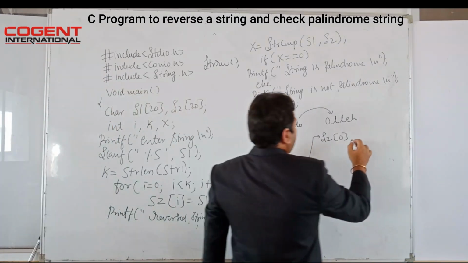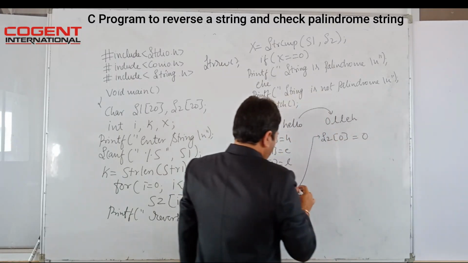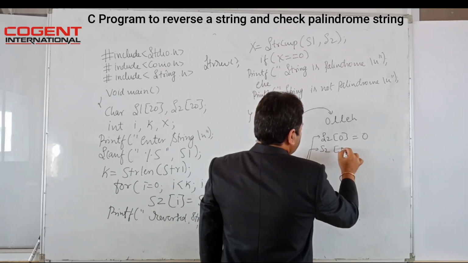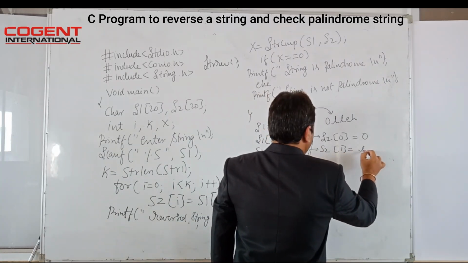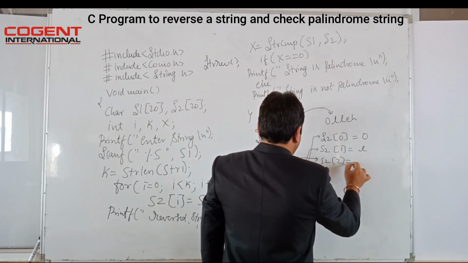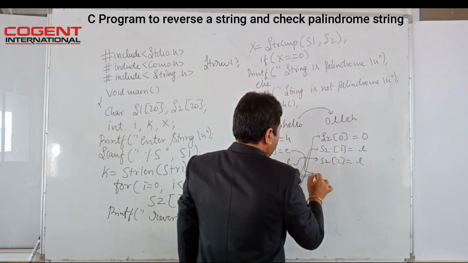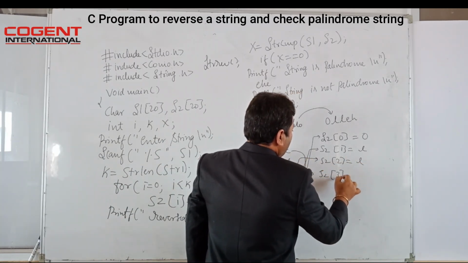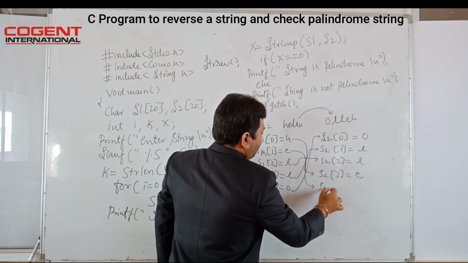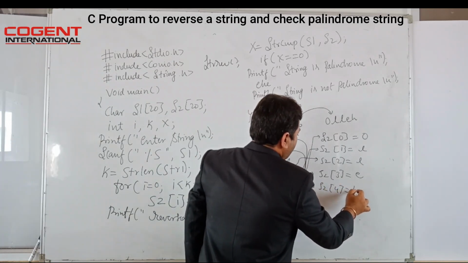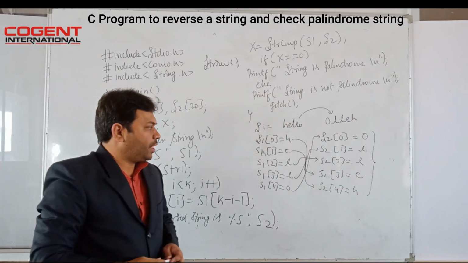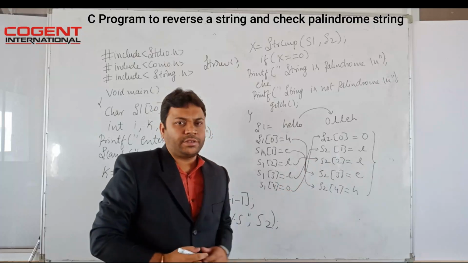So s2 of 0 is equal to O. Then the last but one is stored into the next location, s2 of 1 is equal to L. Then s2 of 2 is equal to L. Then s2 of 3 is equal to E. Then s2 of 4 is equal to H. Finally, I'll print this s2 string to get the string reversed.